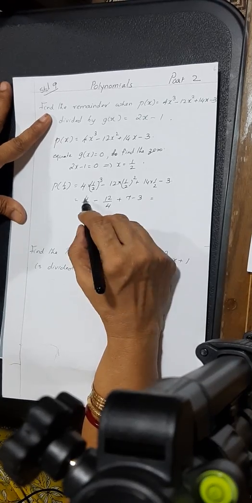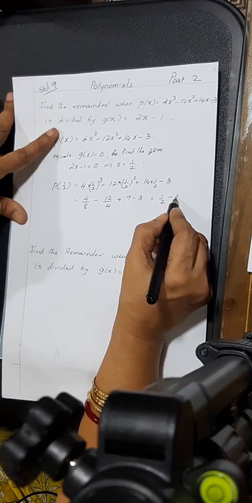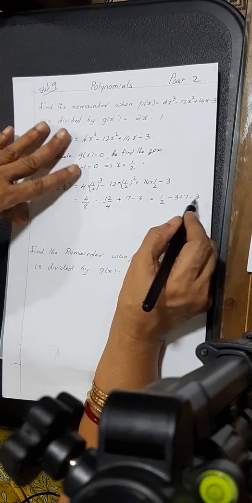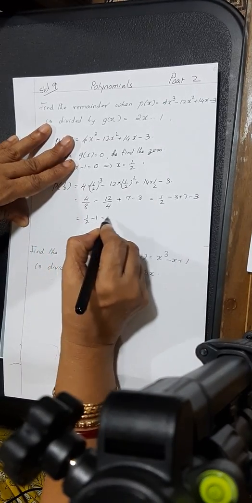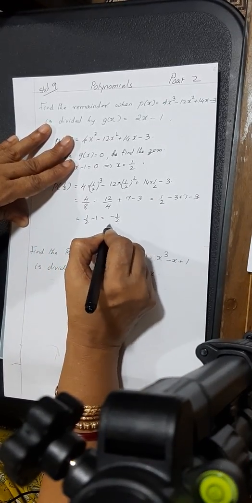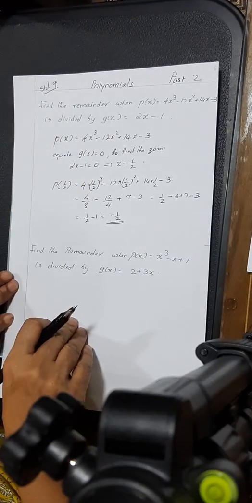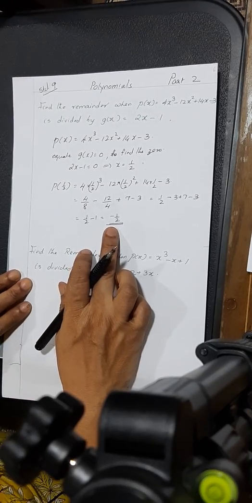So, this is equal to 1 by 2 minus 3 plus 7 minus 3. So, 7 minus 6 is 1. So, half minus 1 is equal to minus half.